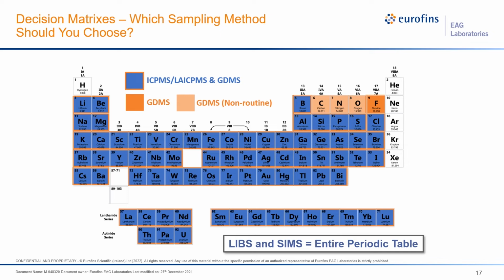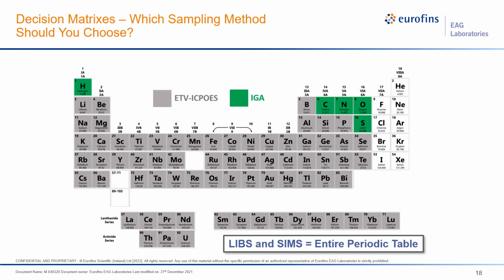And ETV ICP-OES, which we'll look at in the next slide, can cover most elements apart from atmospherics and halogens, and instrumental gas analysis, again, can cover the atmospheric elements, including sulfur. So together, with all of these techniques, we have full periodic table coverage, and in the case where a technique is preferred but does not provide all of the elements of interest, a combination of techniques can be used.